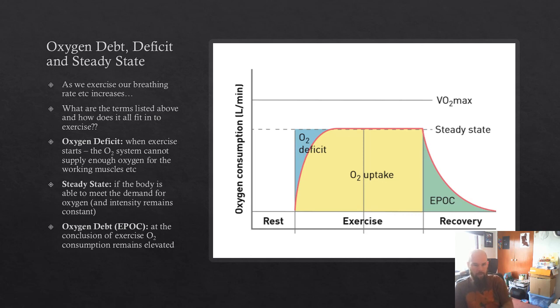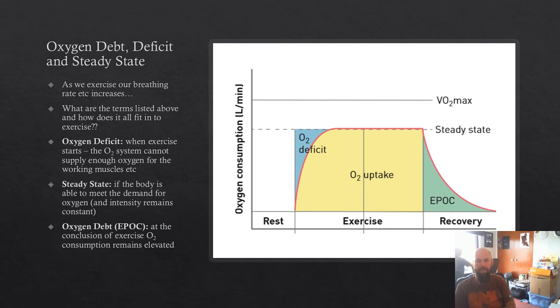The other one, VO2 max. VO2 max is the maximum amount of oxygen that your body is able to consume during activity. There are tests that can be done. I was kind of hoping we'd be able to arrange one, but I'm not so sure what's happening now.